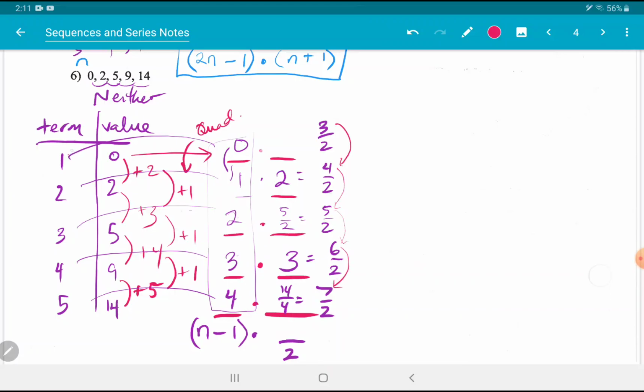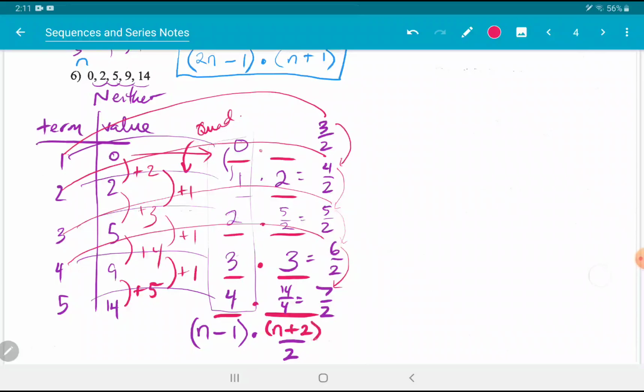How do we get that from term number? 1 gives us 3, 2 gives us 4, 3 gives us 5, 4 gives us 6, right? You're basically taking the term number and adding 2, huh? So we have n minus 1 times n plus 2, all over 2. That'll be your sequence.